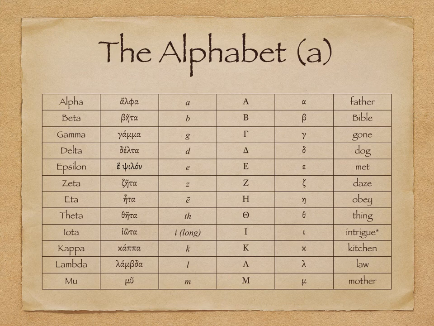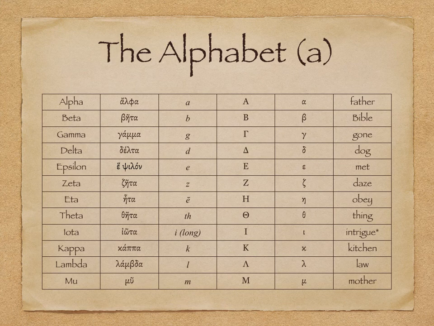That is the letter in lowercase in Greek, and that is going to be how you recognize it most often. So let's begin with alpha, and the third column over has, in italics there, the way the letter sounds in Greek. So alpha, A as in father.